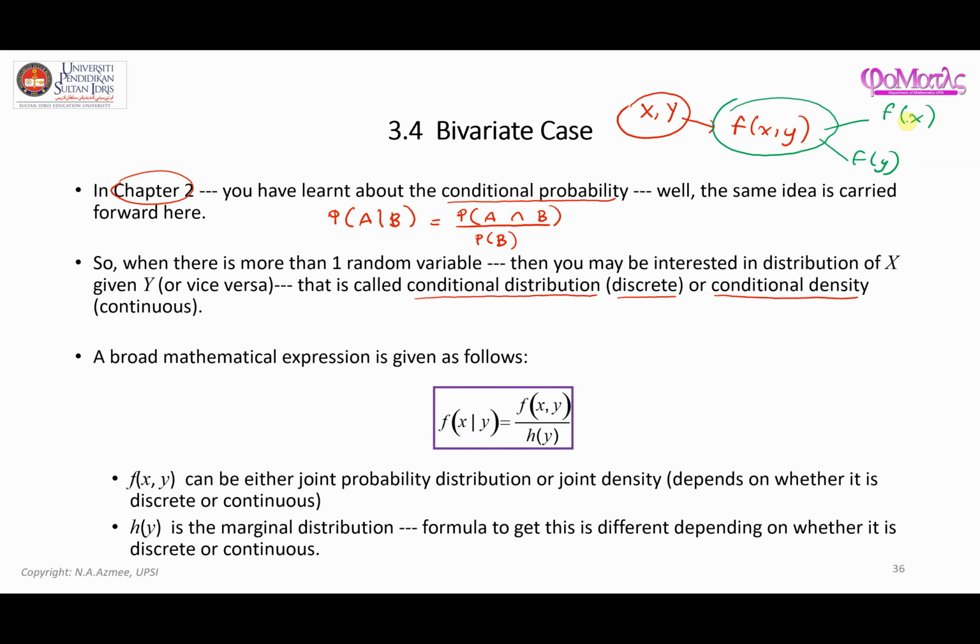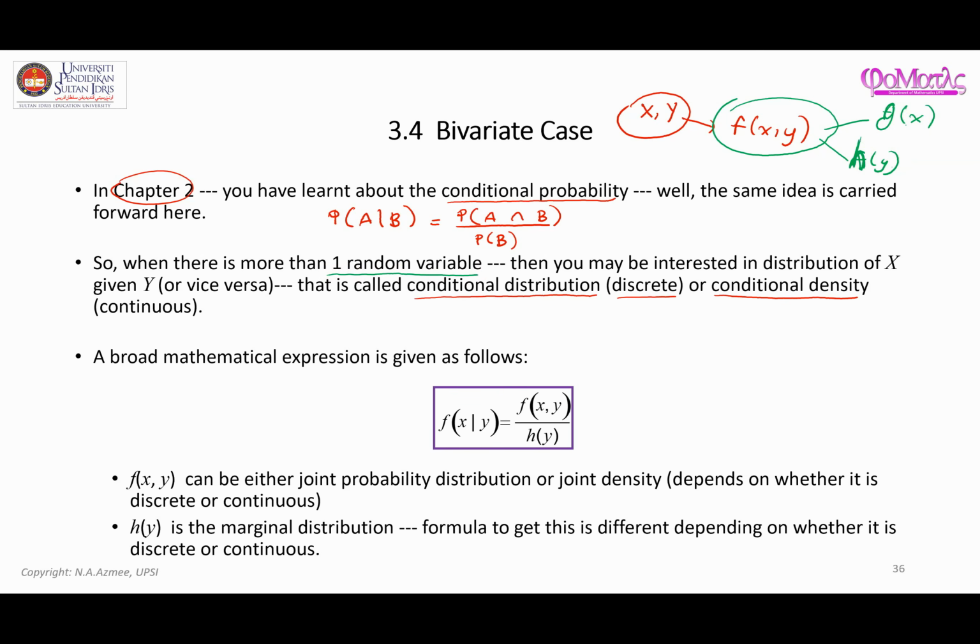For example, you can represent this with g of x and this one with h of y. Those are called the marginal distribution or marginal density.